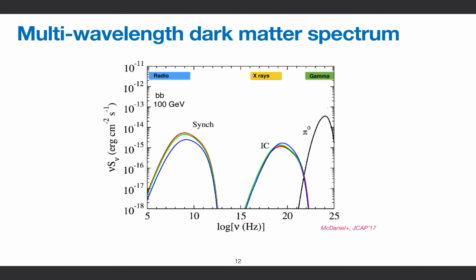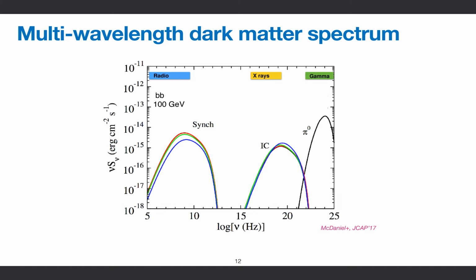So this is the intensity of the flux, if you think, of the dark matter annihilation signal for annihilation into b quarks and 100 GeV mass as a function of frequency or energy, where you can see that the predicted dark matter spectrum has different peaks. This pi0 component is what is the prompt photon emission that for a candidate at the weak scale will fall into the gamma ray band.